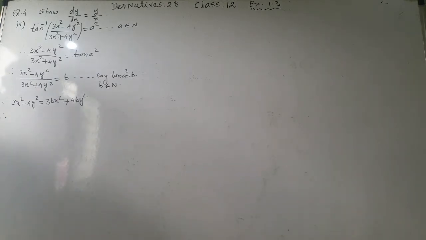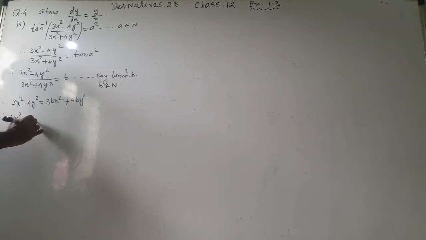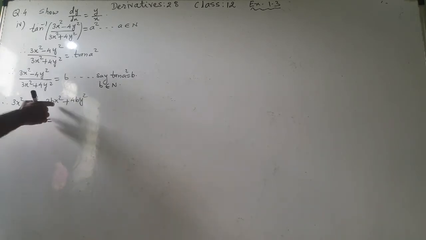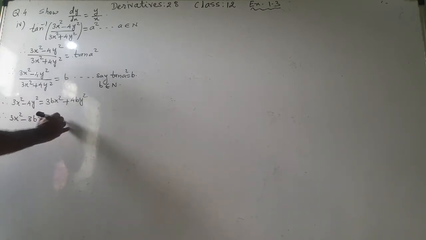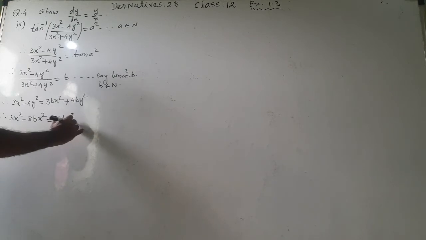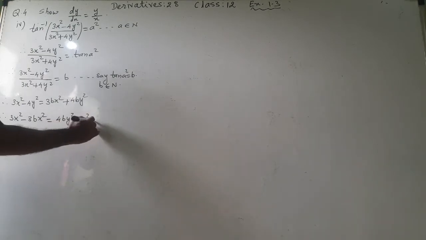Therefore, now the b terms and y terms we will separate. This x I will bring here, this y I will take there. Therefore, 3x square minus 3bx square is equal to, this I have brought here, 4by square minus 4y square.